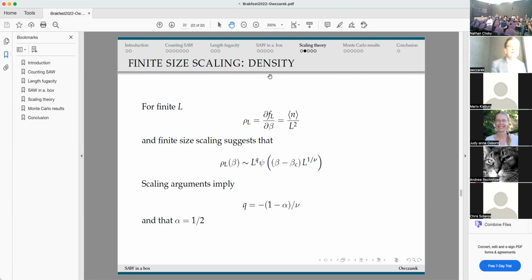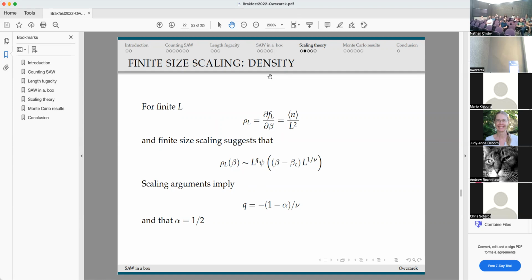That scaling combination is indicative of the average size of the walk in a box, which is L to the 1 on nu.